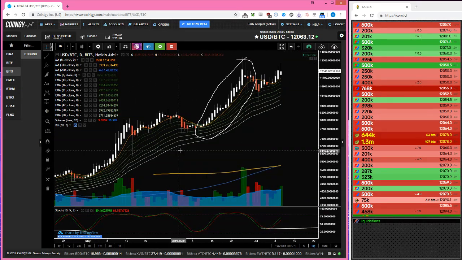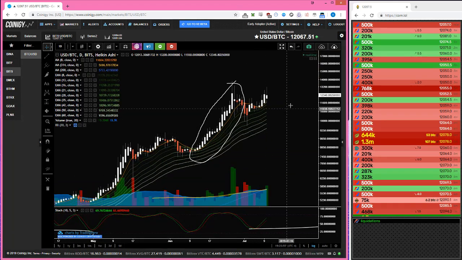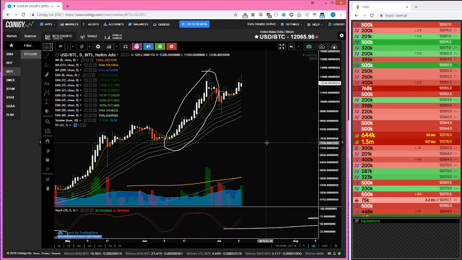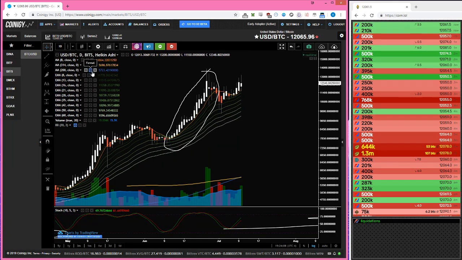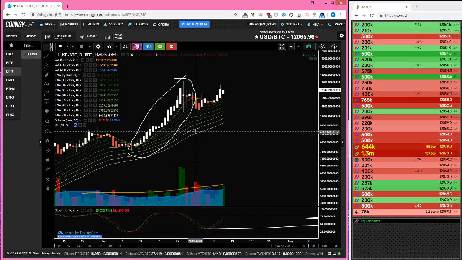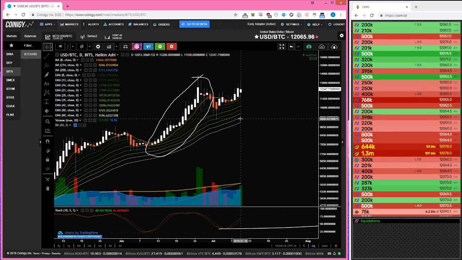It's hard to fade these. And so it's more powerful on higher time frames, but the system is usable on all time frames.